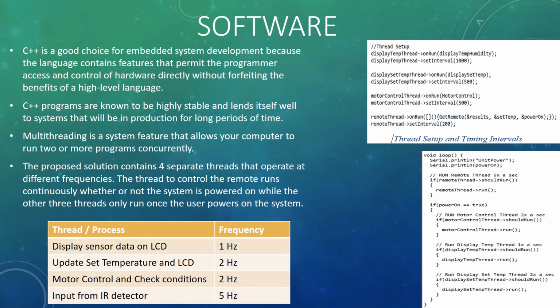And here we can see the loop that the Arduino runs continuously. It's going to continuously get remote input at 5 times per second. Then if the system is powered on from the remote, it will start running these other 3 threads at their desired times.